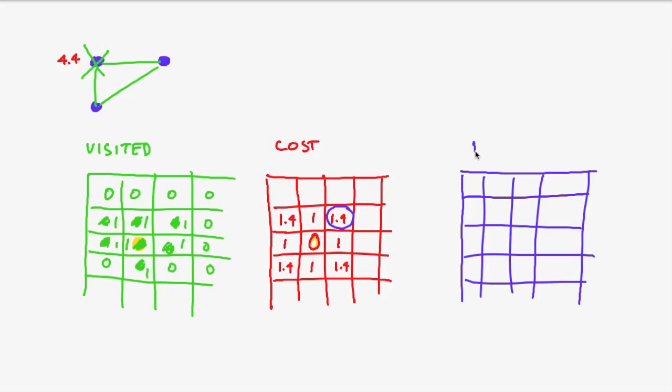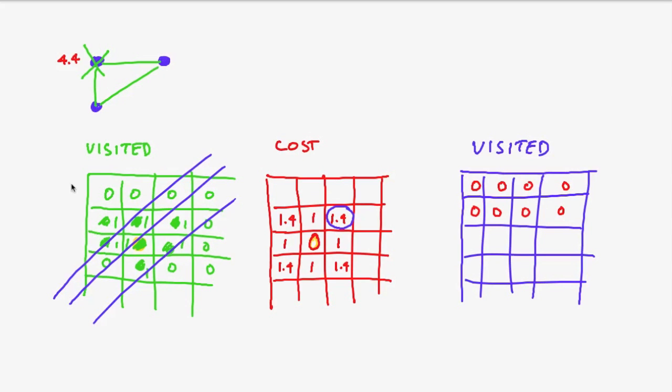So we will just keep our old visited array, and instead of marking this with zeros and ones, we will mark them with the actual cost. So this new array of visited values will contain all zeros in the beginning, just as we did earlier for our visited array. And then whenever we visit a node, we will replace this 0 by the actual cost.